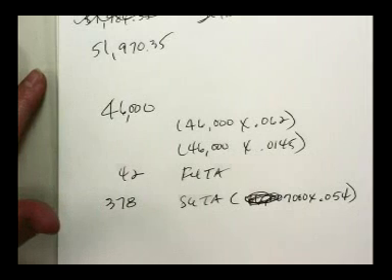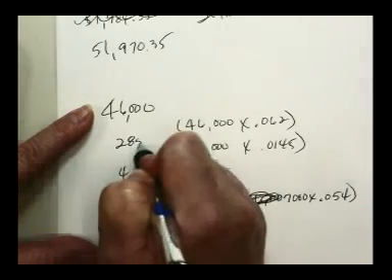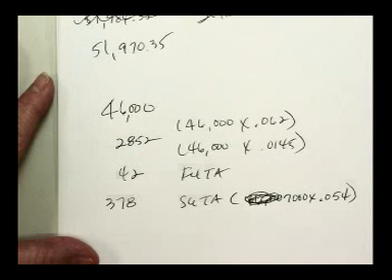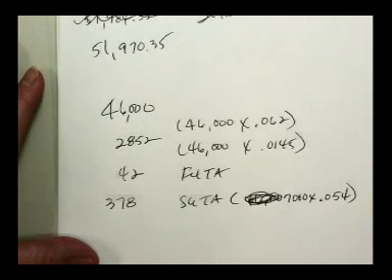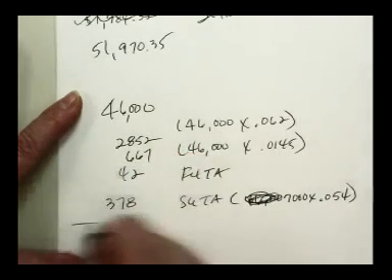And then let me calculate the Social Security Medicare. $2,852. $667.